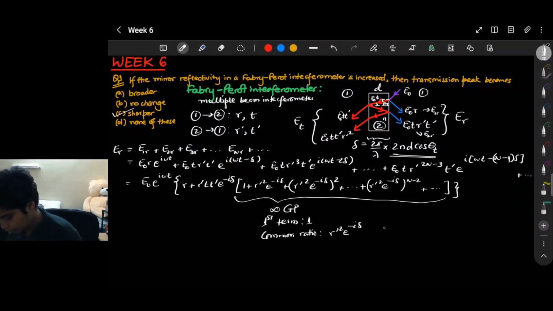Now the sum of an infinite GP is the first term divided by 1 minus the common ratio. And that's that.